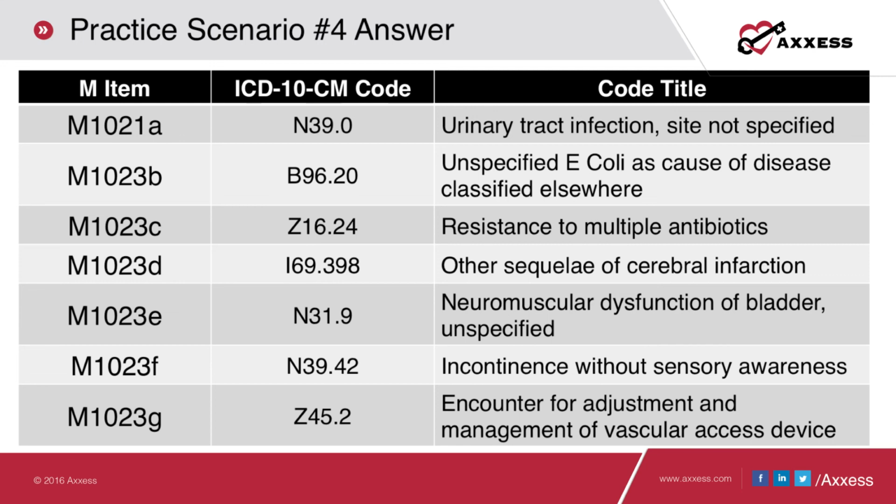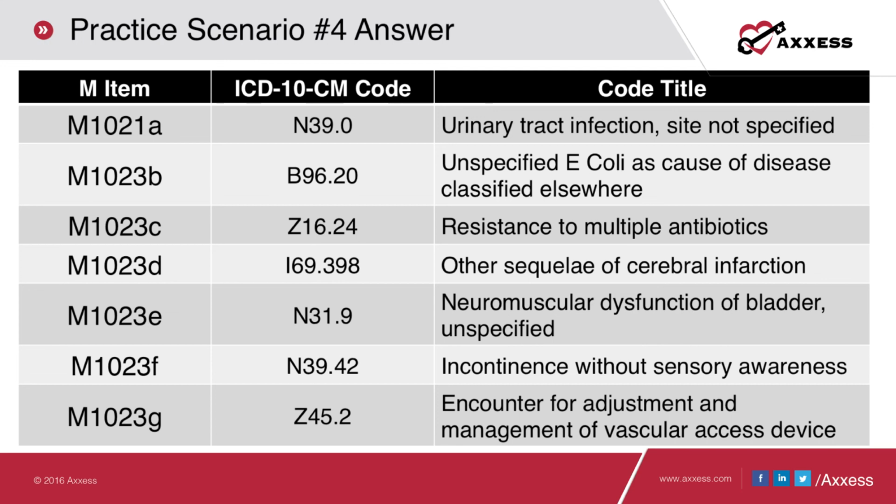Now, she had a stroke years ago. She still has a sequelae of that stroke, and that is the bladder dysfunction. For that reason, we code I69.398, other sequelae of cerebral infarction. Other means we know particularly what the dysfunction is, but there is no code that covers that particular problem. For that reason, we have to list just after I69.398 what that sequelae is that is not listed.